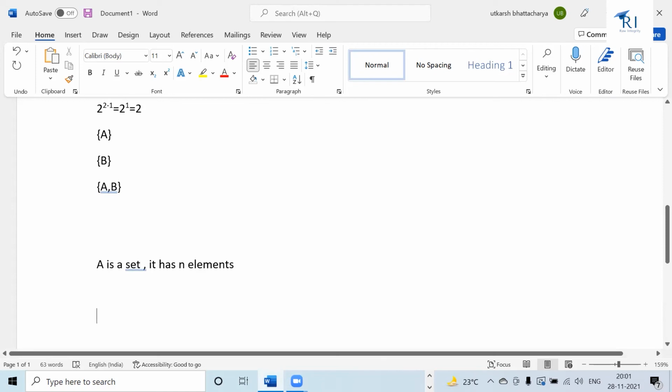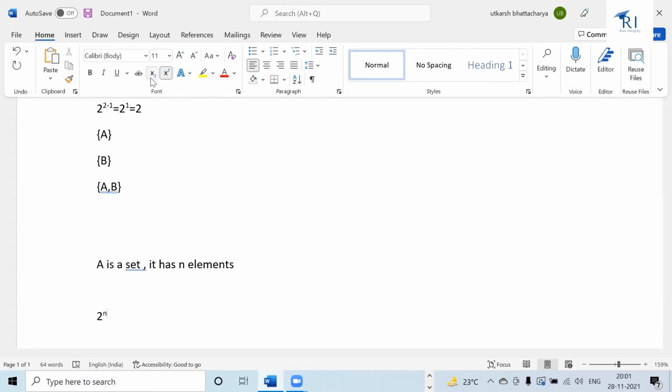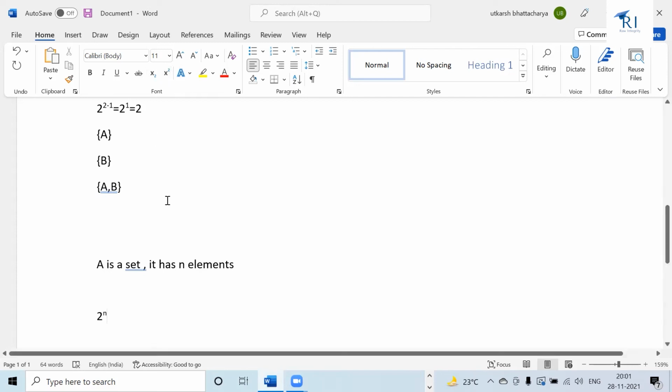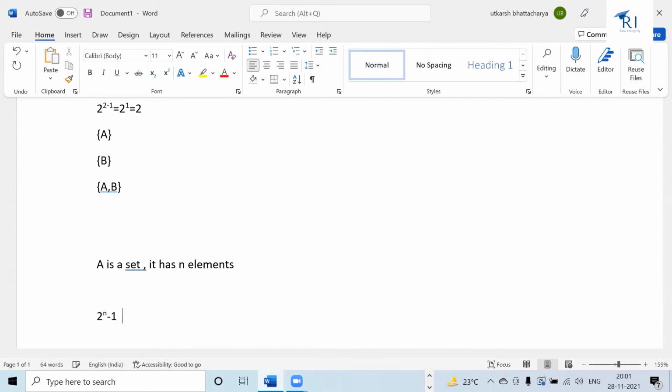So the formula says that A is always going to have how many proper subsets? The formula is 2 to the power n minus 1. That is the number of proper subsets. Is this much clear to everyone?